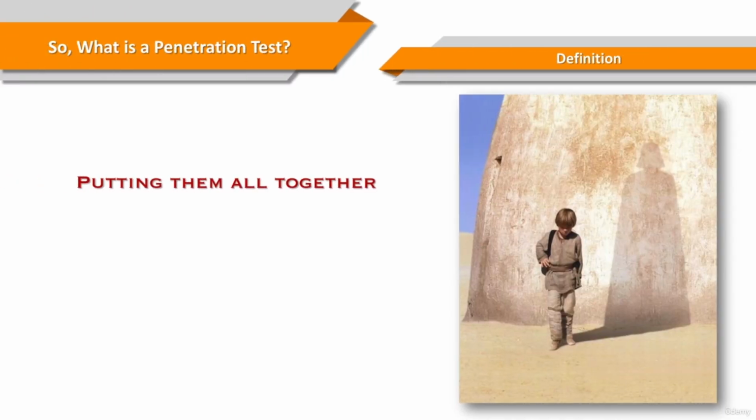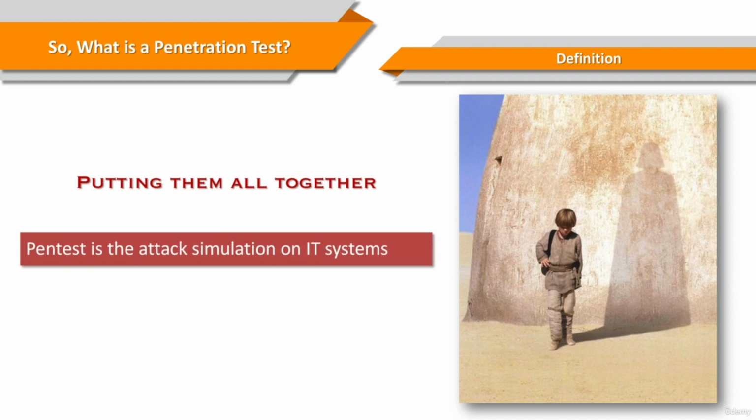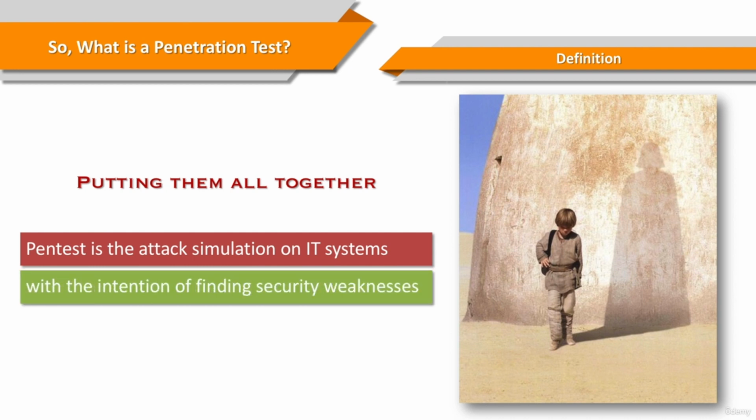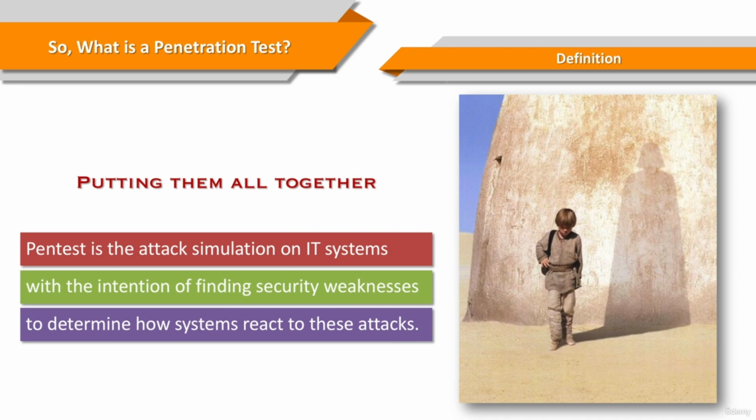So my take on this, since you're asking, is basically bringing a few of these selected parts of the previous definitions together. So my definition: a penetration test or pen test is the attack simulation on IT systems with the intention of finding security weaknesses to determine how systems react to these weaknesses. See what I mean?